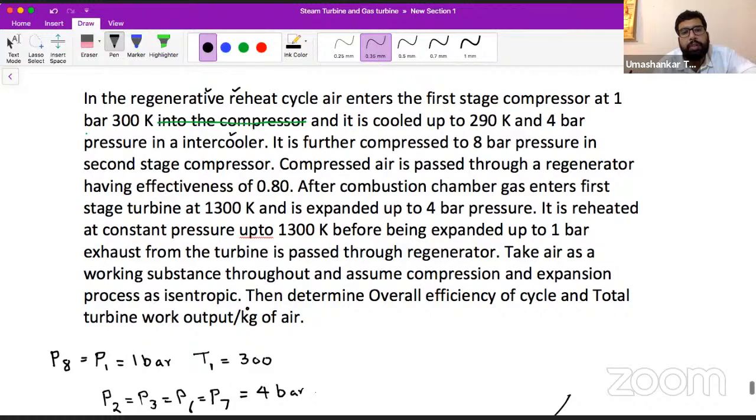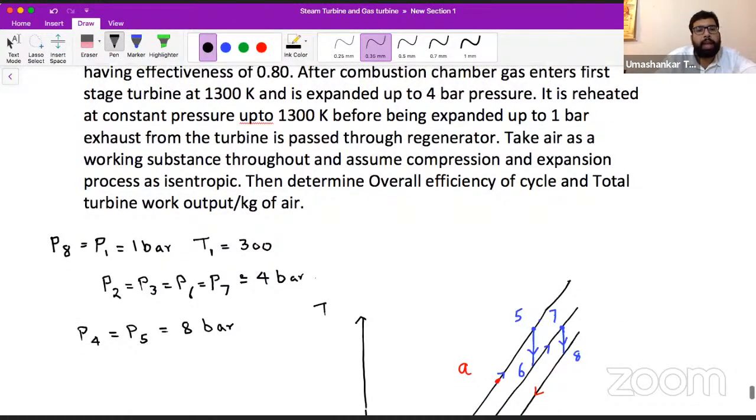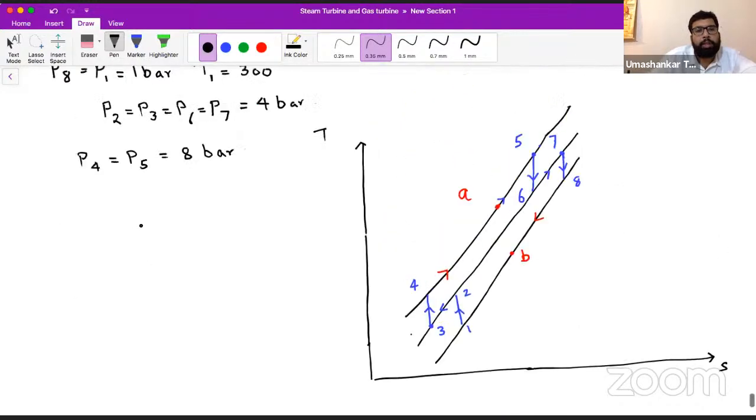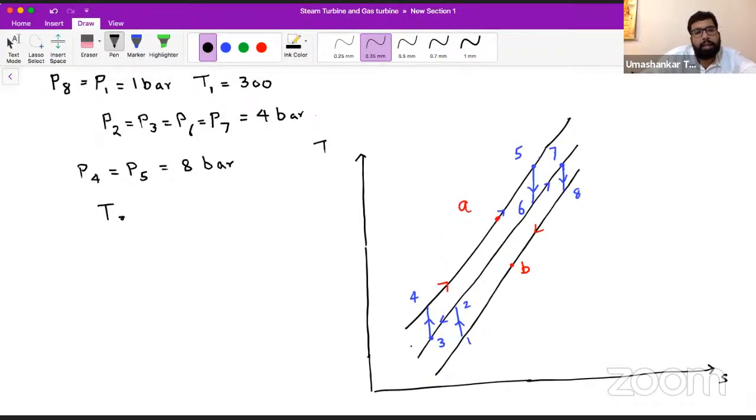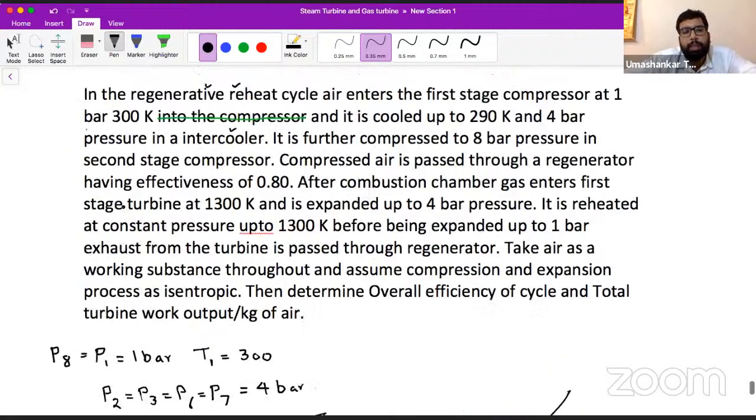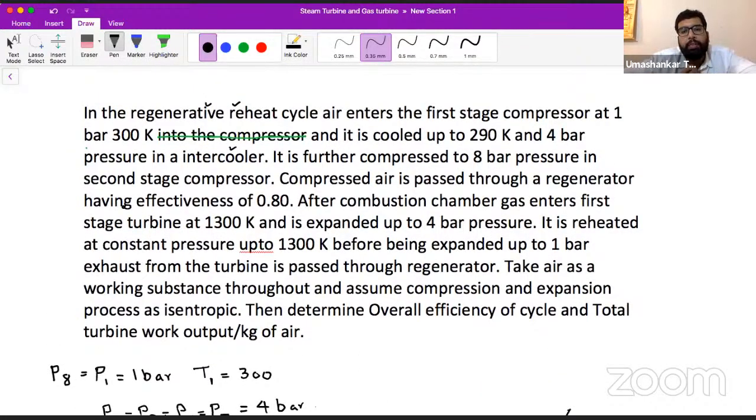In the regenerative reheat cycle, air enters the first stage compressor at 1 bar, 300 Kelvin, and it is cooled up to 290 Kelvin and 4 bar pressure in the intercooler. So T3 we have is 290 Kelvin. This is not perfect intercooling, because if it were perfect intercooling, then the temperatures T1 and T3 must be the same. It is further compressed to 8 bar pressure in the second stage compressor.